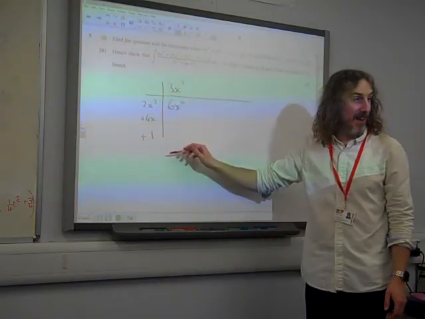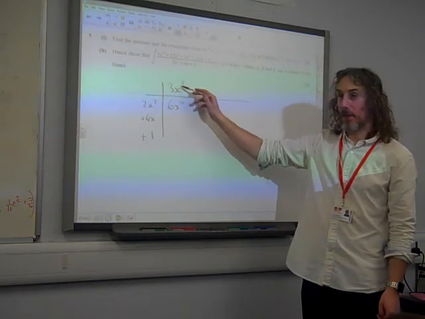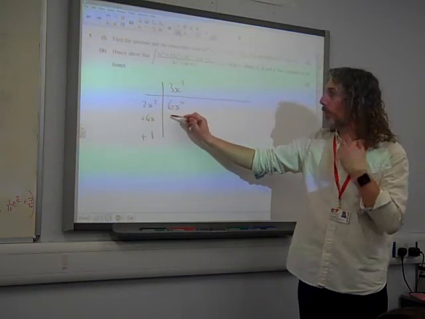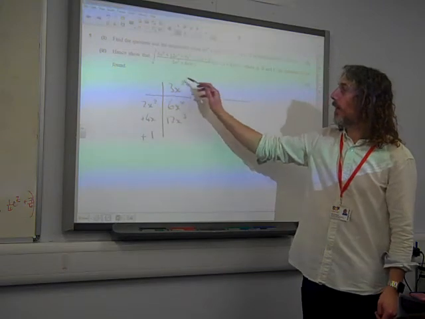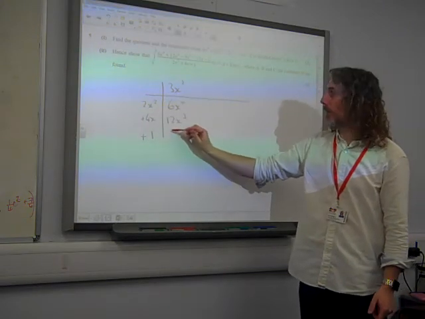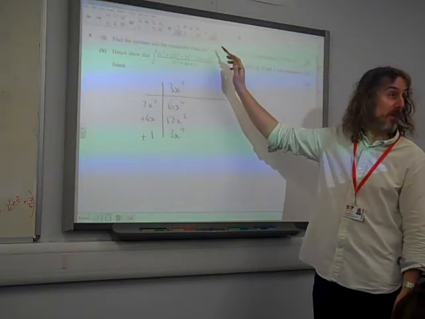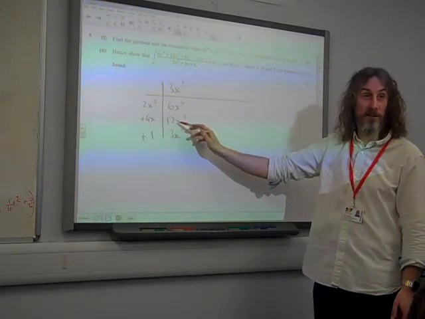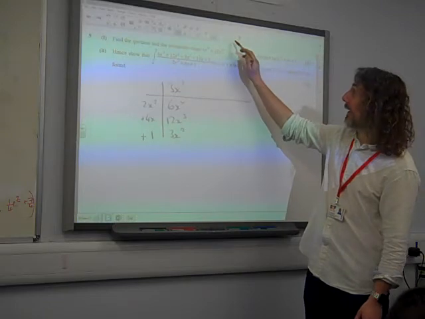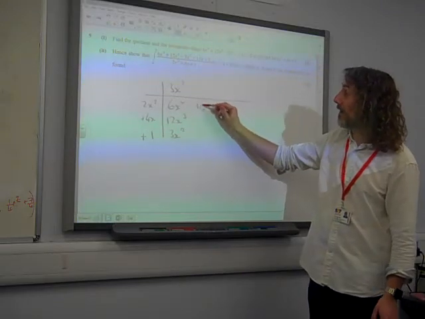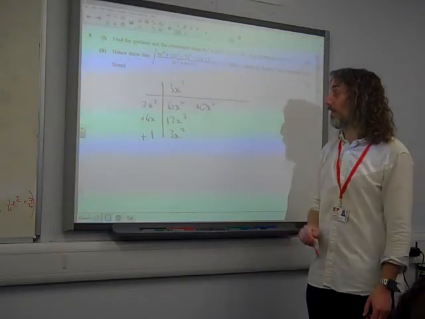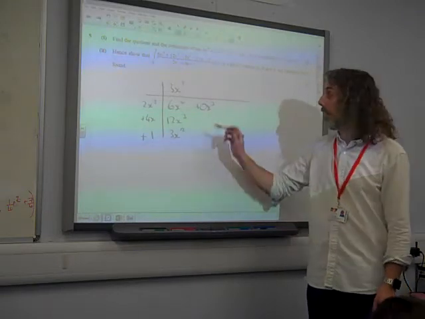Now we complete the rest of that column. So 3x squared times 4x gives us 12x cubed. 3x squared times 1 gives us 3x squared. We are supposed to have 12x cubed, and we've got 12x cubed. That means that here we must have a 0x cubed to complete the total of x cubes.